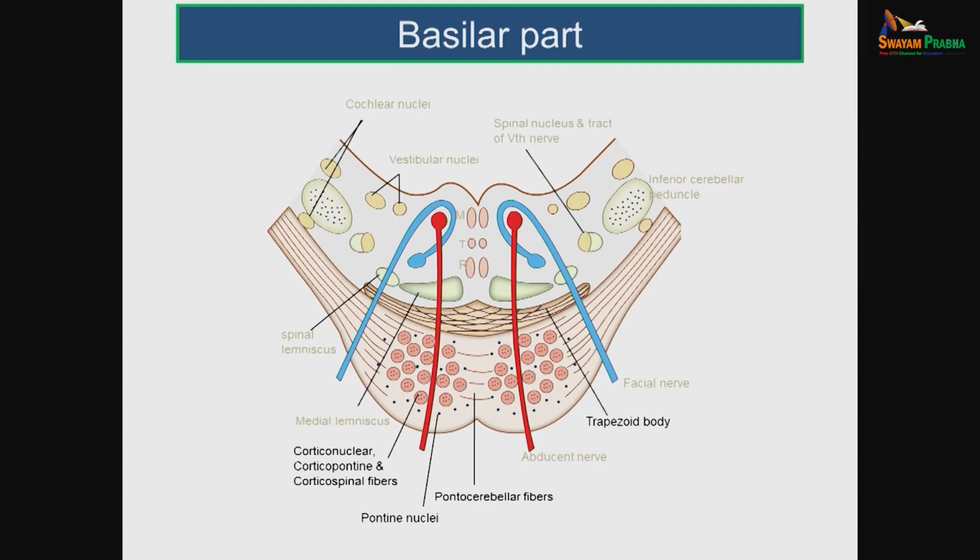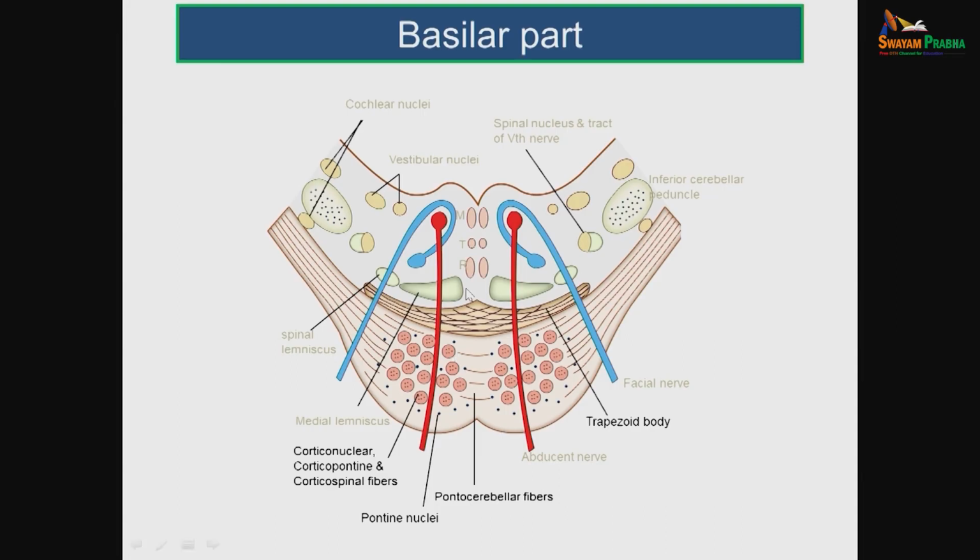Then in between, posterior to that, you see there is a trapezoid body. And this is the basilar part, which is common throughout the pons.